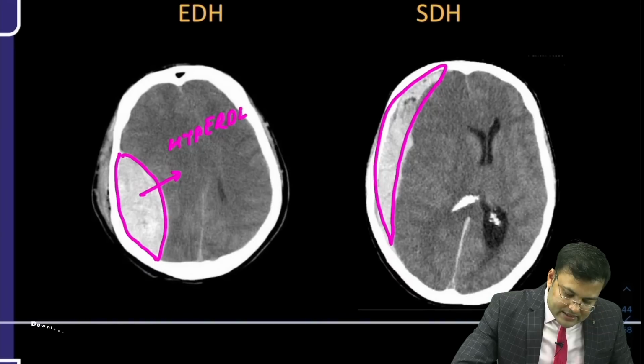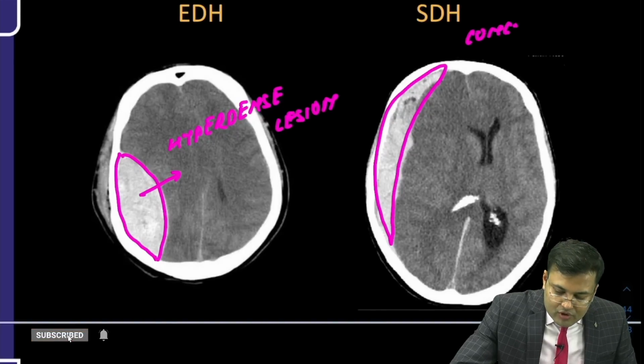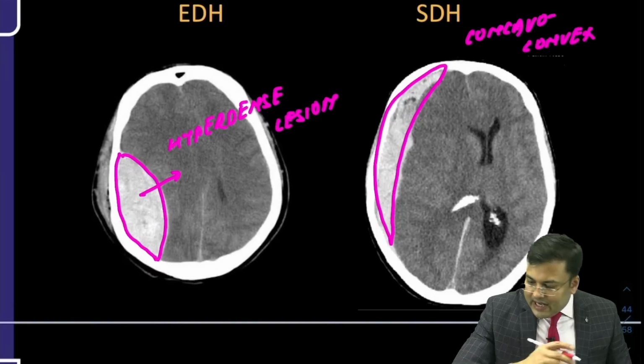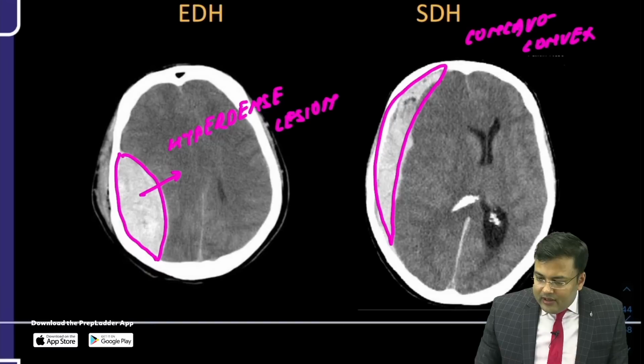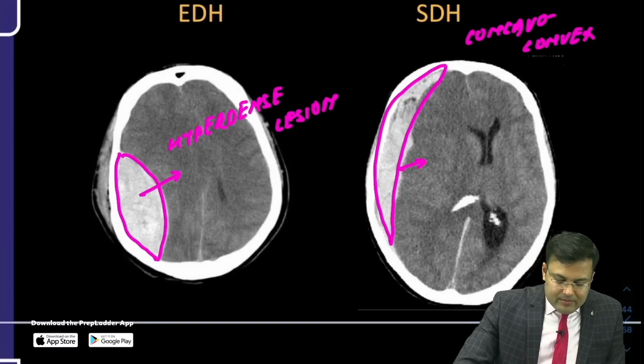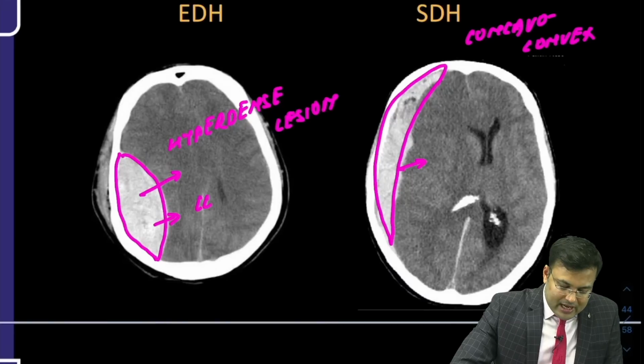This is a biconvex hyperdense lesion, and here, concavo-convex. This is a concavo-convex hyperdense lesion. Very good. This is also known as crescent shaped. The EDH is also known as lemon shaped or lens shaped hyperdense lesion.